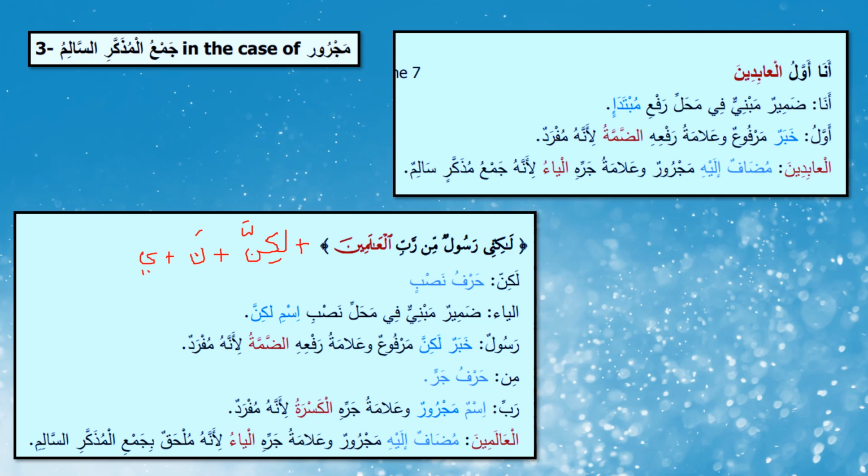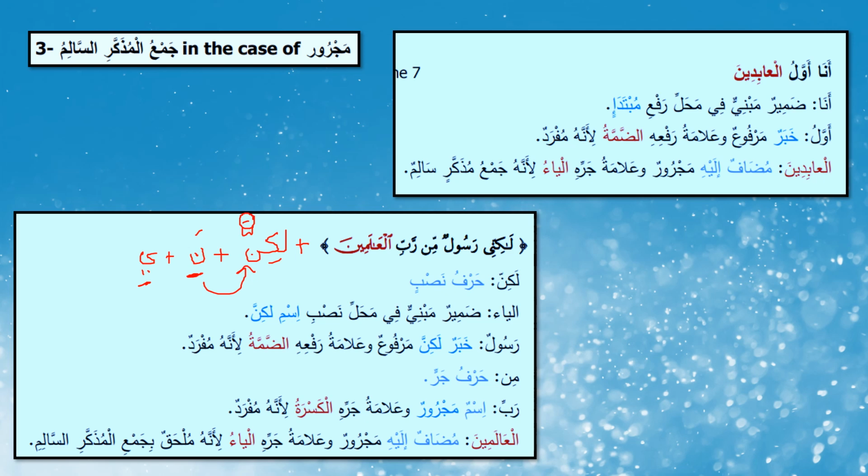So if you remember, why does noon al-wiqaya come in? Noon al-wiqaya comes in to protect the fatha of the noon. So this noon will take the kasra because the ya is coming. So it will protect the fatha of the lakinna noon, the letter of the lakinna noon. And now let's see.